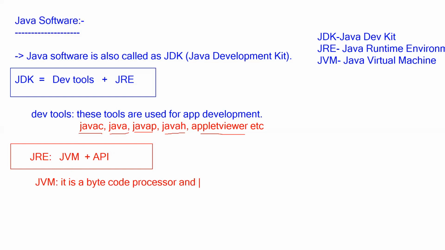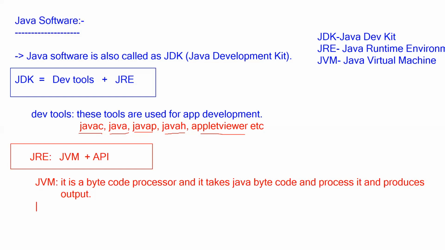It takes Java bytecode, processes it, and produces output. So this is what JVM does.